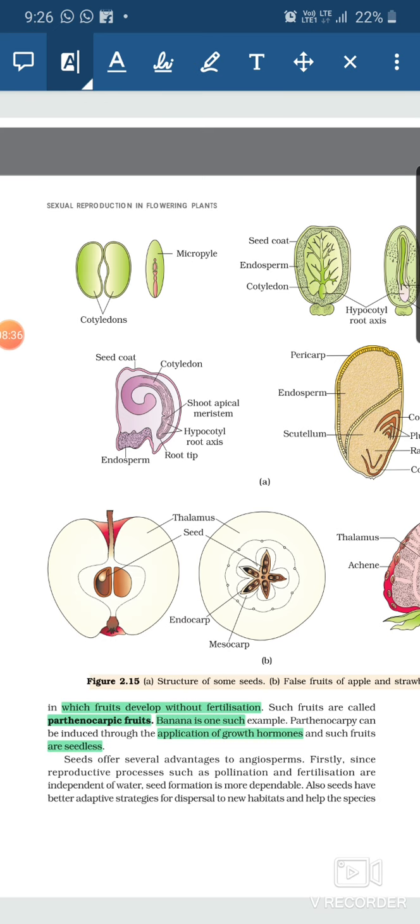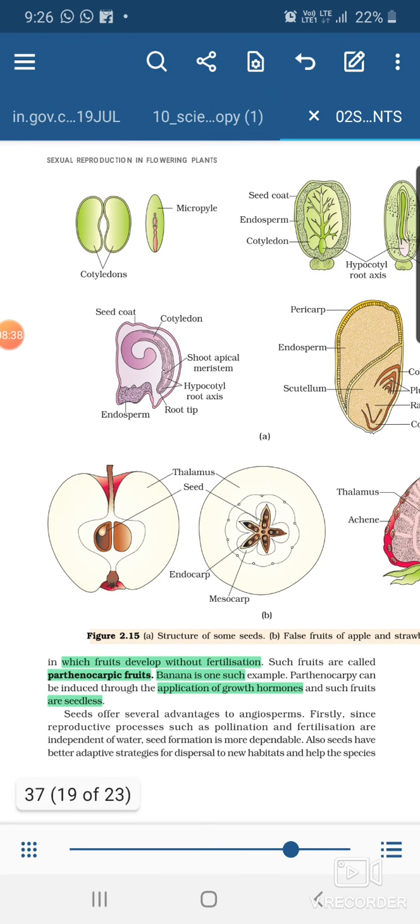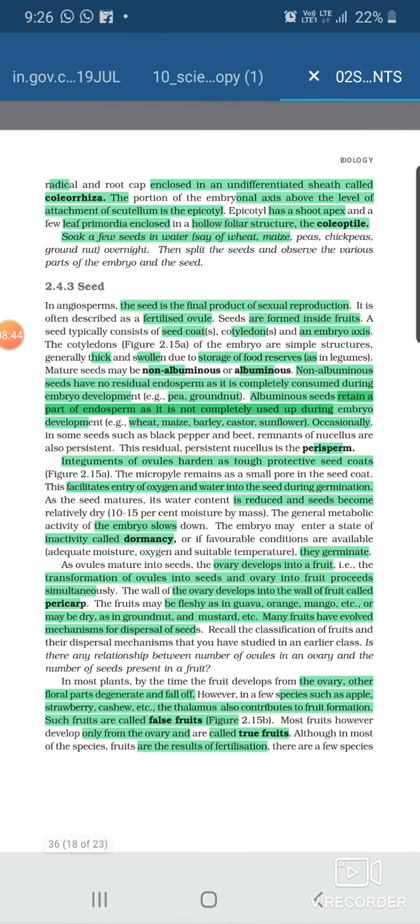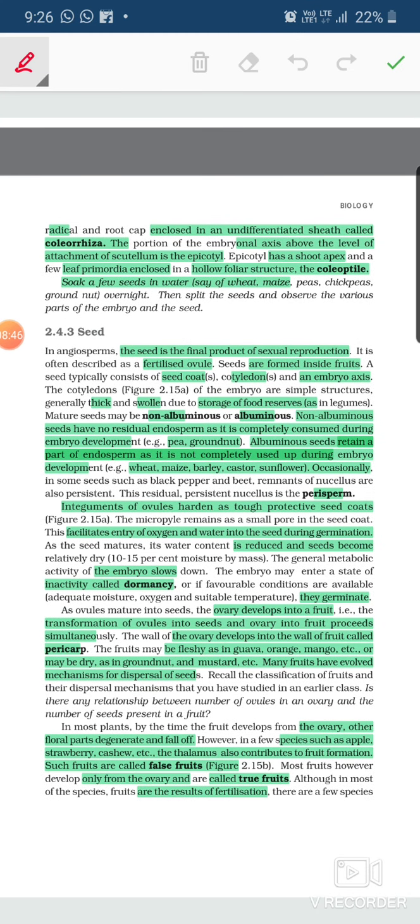So from this topic we have come across many important terms, and I'm giving a recap again. First of all, we know about the two terms, albuminous and non-albuminous.